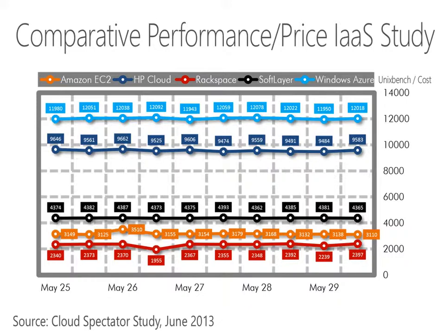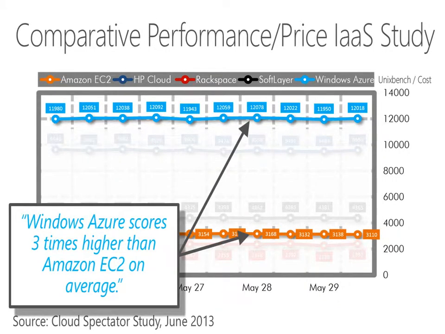The results that are available at their site, at Cloud Spectator's site in their full report, were quite interesting. I've got a few of the results summarized. What they found in terms of Windows Azure is that Windows Azure they found to score 3 times higher than Amazon EC2 did on average from a performance standpoint.